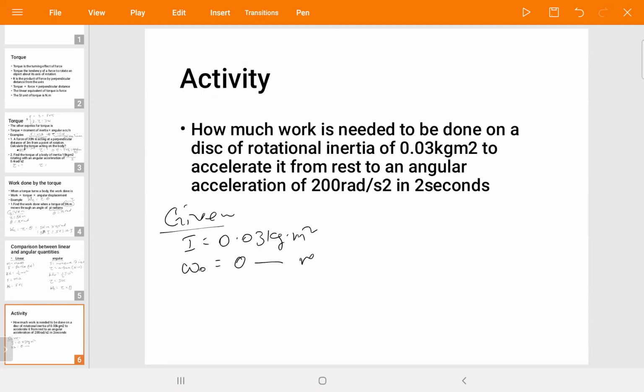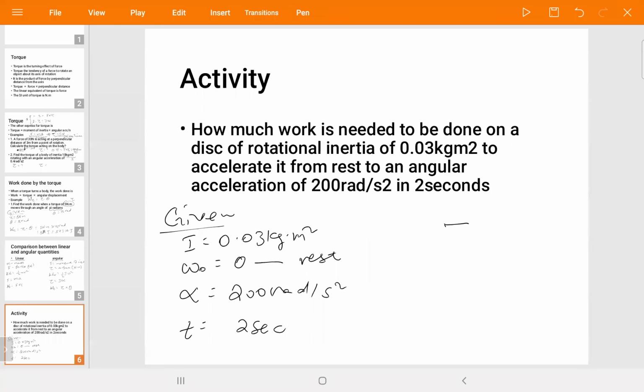And the other one is the angular acceleration, which is 200 rad per second squared. The rotation attains this acceleration for 2 seconds. So time is given, which is 2 seconds.